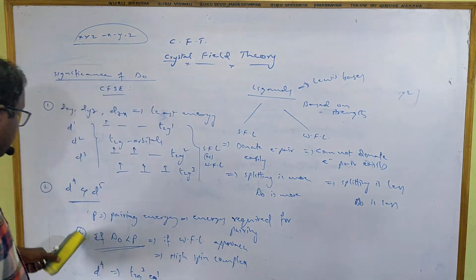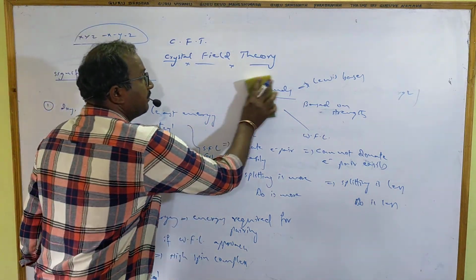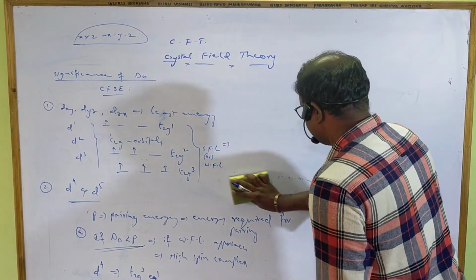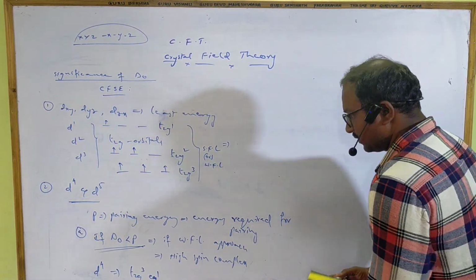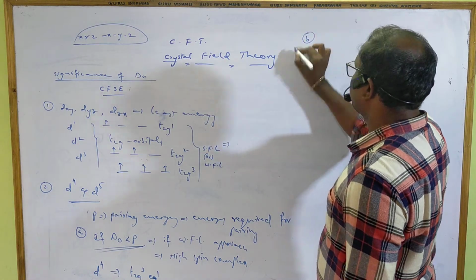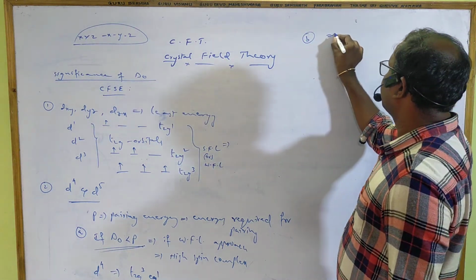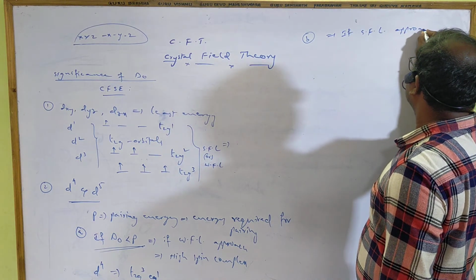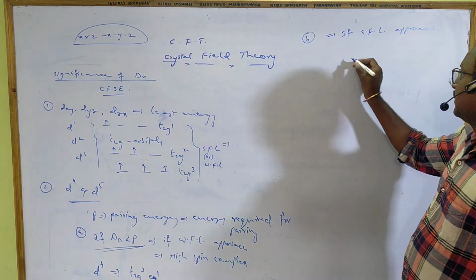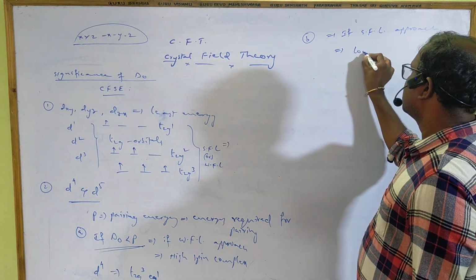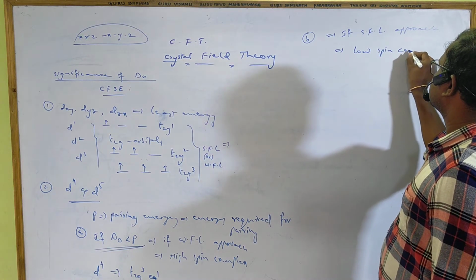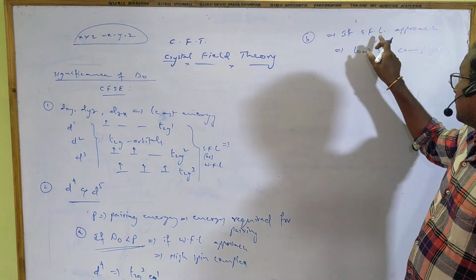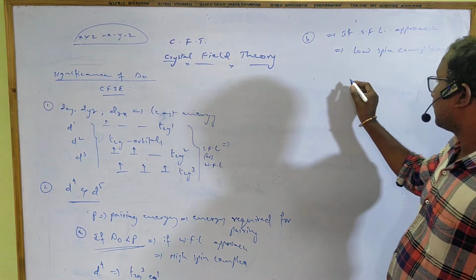This is A in case of the second concept. Next, B. If strong field ligands approach, we get low spin complexes.